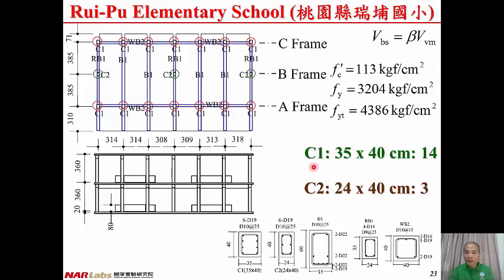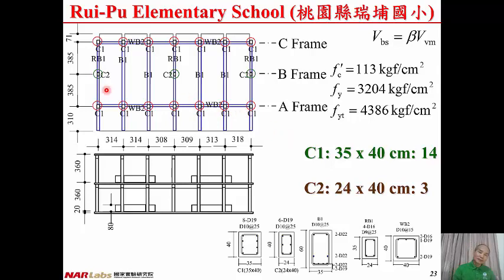The cross-sectional dimension of C1 equal to 35 cm by 40 cm. There are totally 14 columns of C1. 1, 2, 3, 4, 5, 6, 7. 7 times 2 equal to 14.